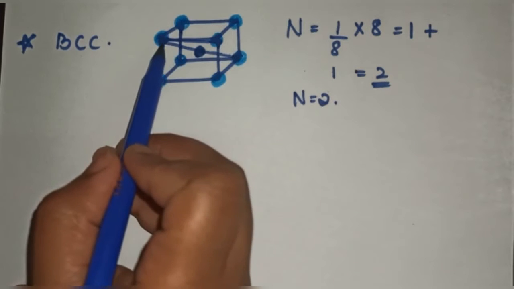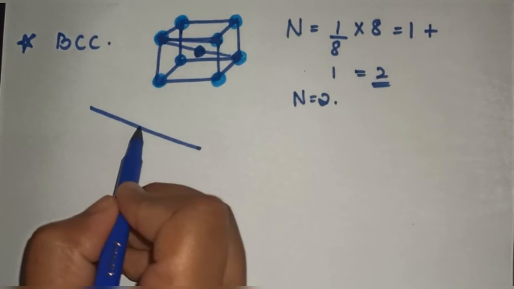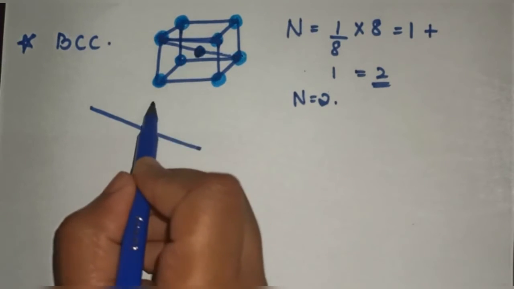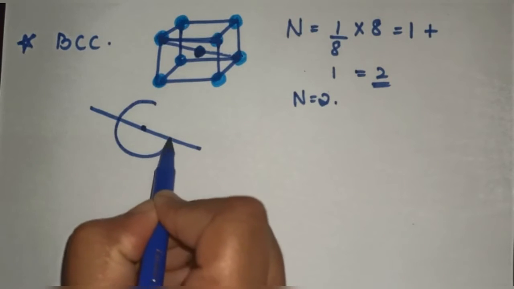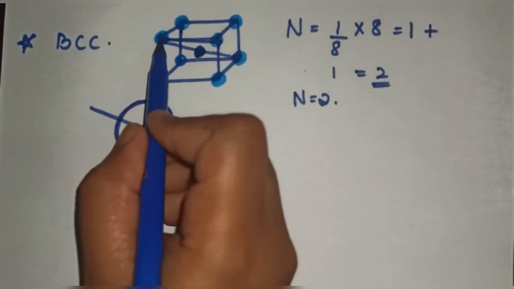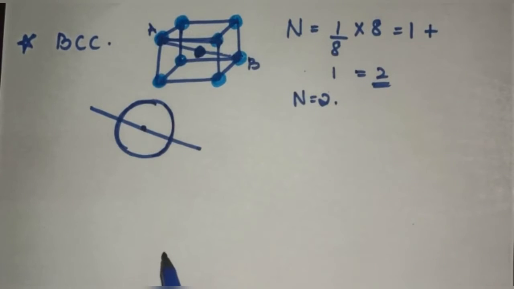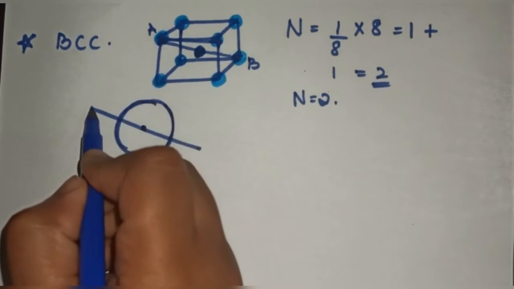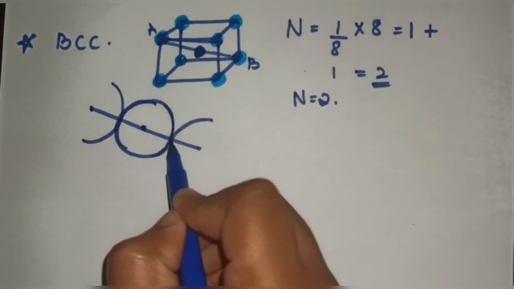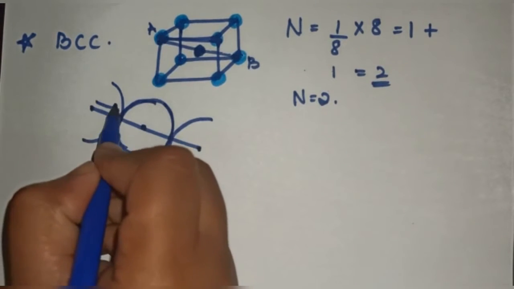Now let's find r. So consider this diagonal. Let this be the center, the body centered atom, and the corner, the first one, let's name it as A, and let this be as B. This is 1R.